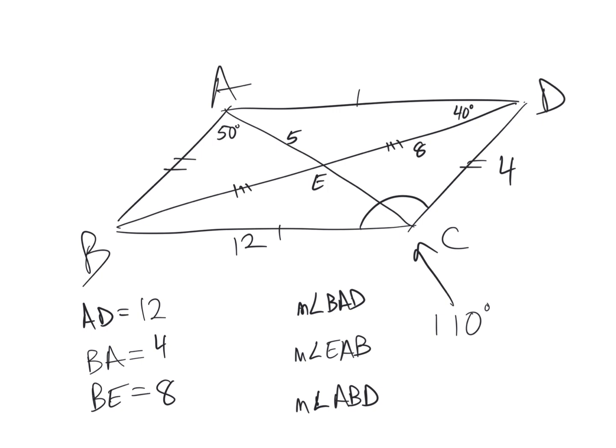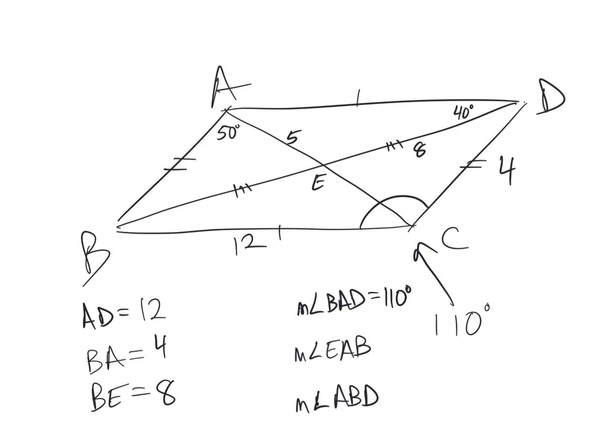Now angle BAD. All right, so BAD, this angle right here, the big angle. It's 50 plus whatever this is at the top. But BAD in a parallelogram, opposite angles are the same. So BAD must be 110 degrees. EAB.